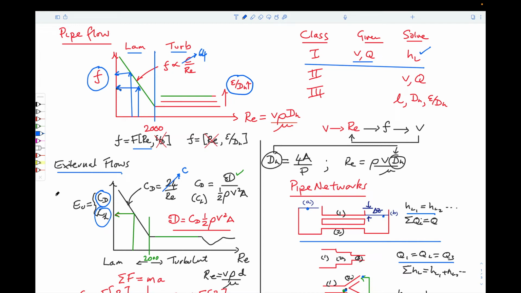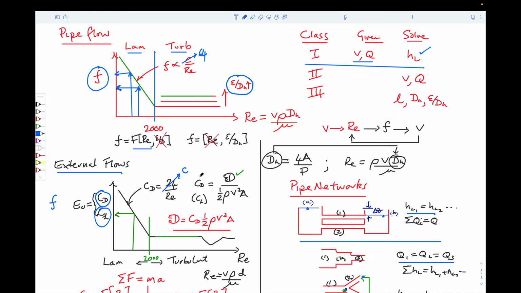The friction factor now, instead of being a friction factor, is really an Euler number, and we define it as a coefficient of drag or a coefficient of lift. The only difference is that this is acting in the direction of flow, horizontally, and this is acting upwards in terms of the direction.